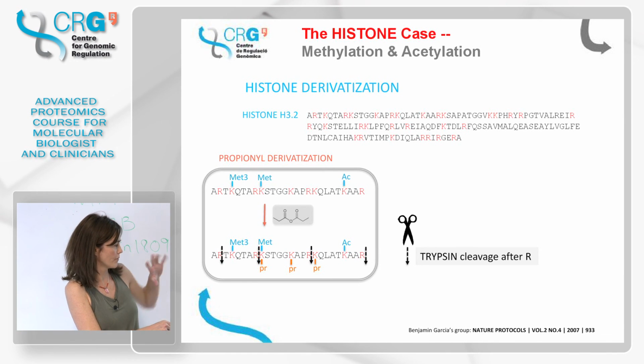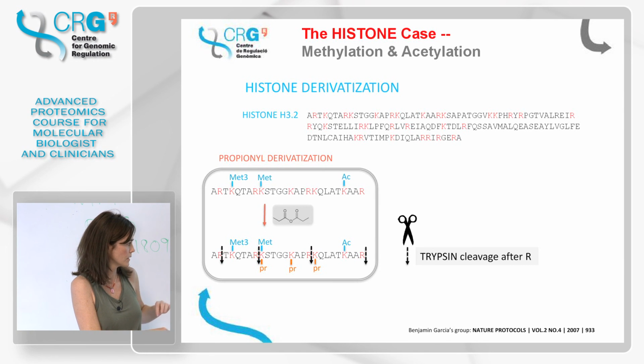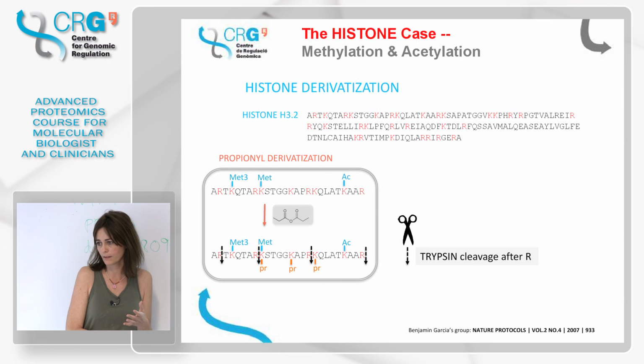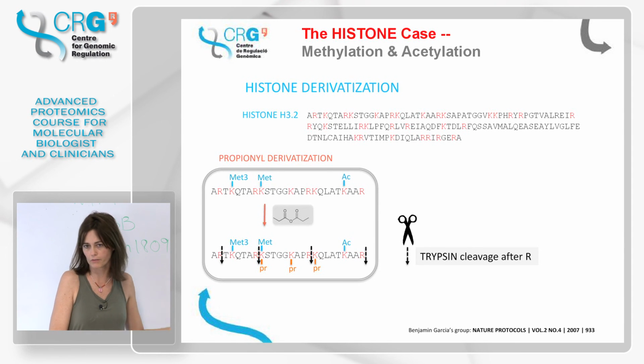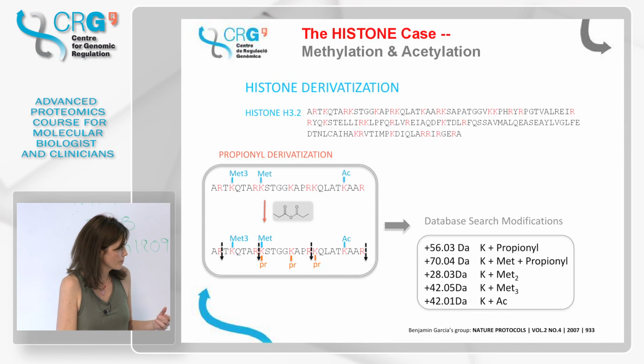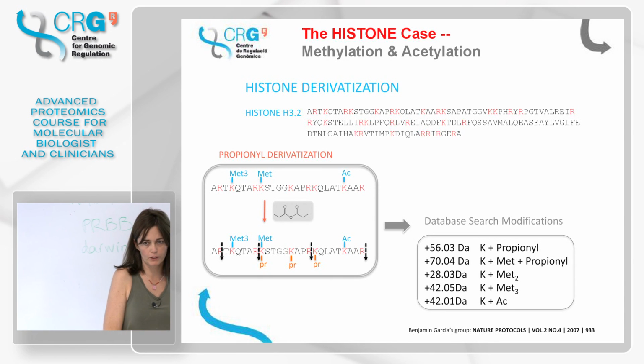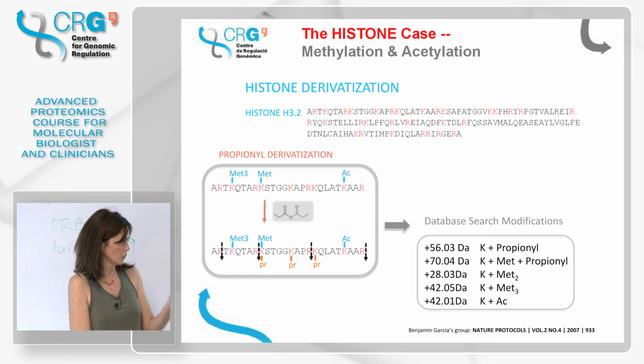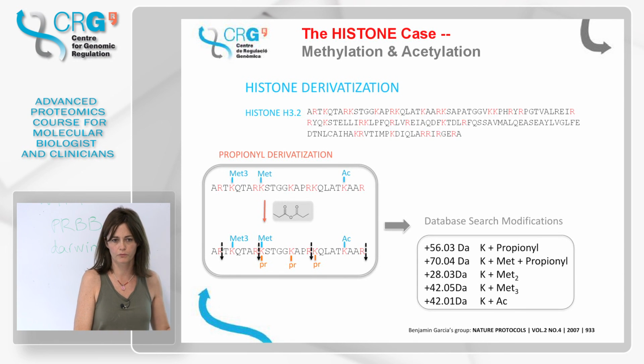And those lysines that are already full, with the 3 methyls or the acetyl, don't get modified. So all we are trying to do here is that when we cut with our trypsin, we get peptides of the right size that are good for our mass spectrometer. All that we need to take into account is that when we go to the database search, we need to tell it to be careful, lysines have this propionyl group on them. By adding this in our database search, we will be able to find these peptides.